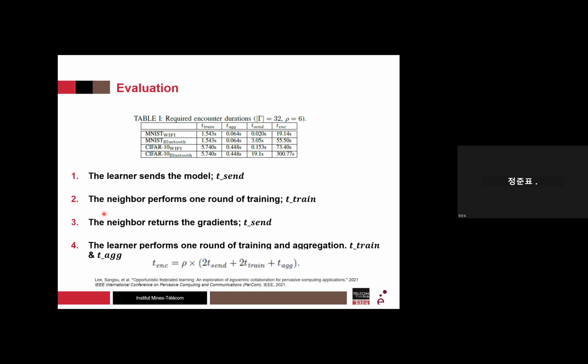First, T sub send is the time that the learner sends the model, and T sub training is the time that the neighbor performs one round of training. Second, T sub send is the returning time. And lastly, the learner executes one round of training and aggregation. So the total time is given by the following equation.